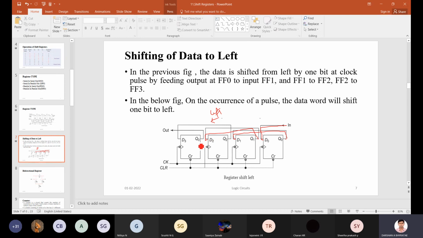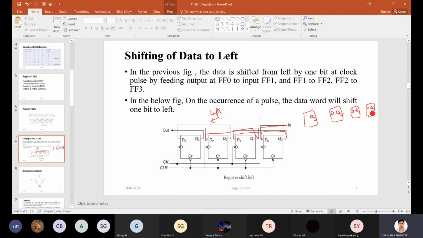But if I connect directly for this example, this is my Q3, Q2, Q1, Q0 here. But instead of that, this is my D input.